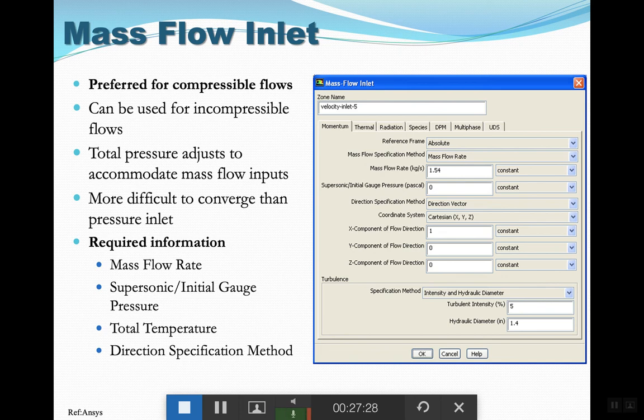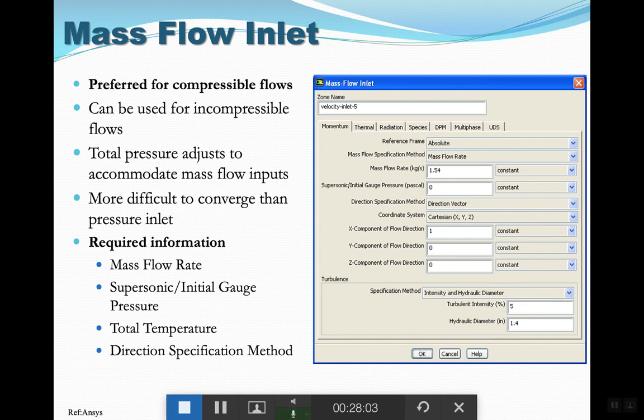The reason for that is, when you are dealing with an incompressible flow, the density and the cross section are constant. If you go with mass flow inlet, the only thing you are doing is putting an extra calculation on the shoulder of the software, because all the software has to do is divide the mass flow by your constant density and your constant cross-sectional area to come up with the velocity at the inlet.